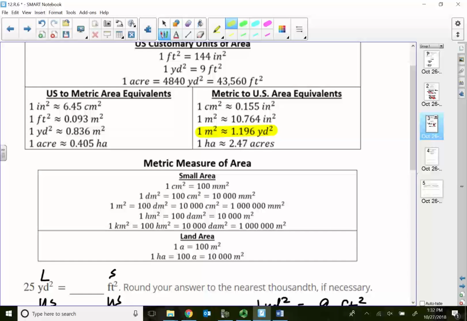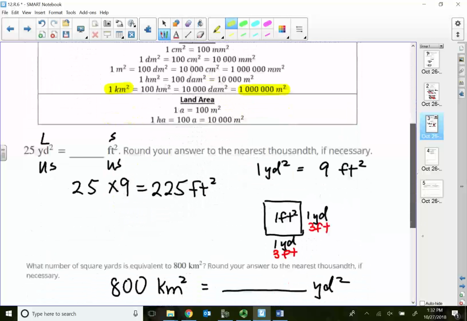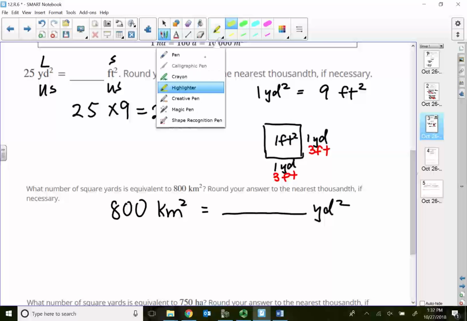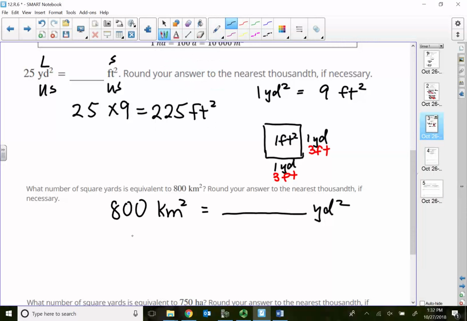Yes, I can. That's why I got this right here. See right here, square kilometer can take me to square meter. So once I'm at square meter, then I can go to square yard. So the first thing I need to do is convert square kilometer to square meter, and then convert to square yard.